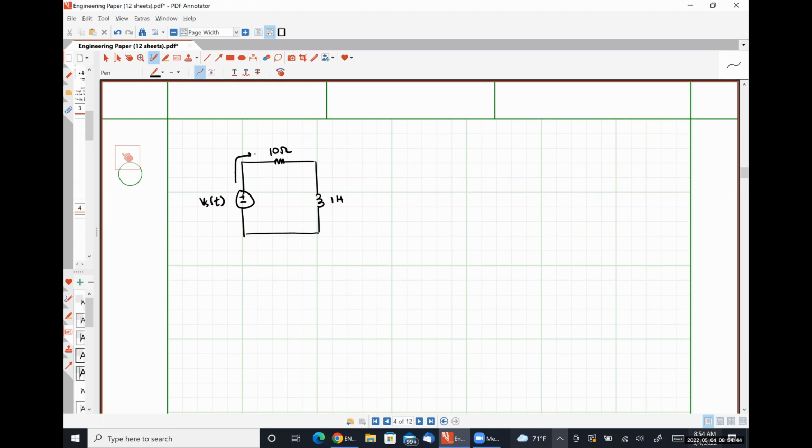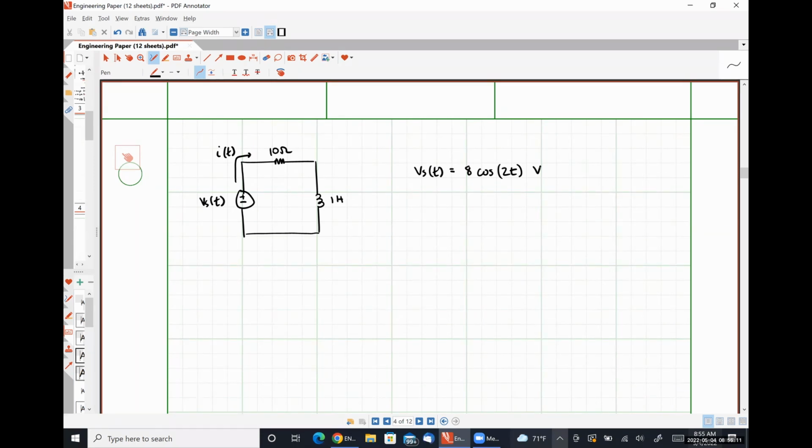And we were trying to find our current I of t when Vs of t was equal to 8 cosine 2t. Did that summarize what we looked at on Wednesday, or Monday, excuse me? I believe I've got all the numbers correct. Okay.